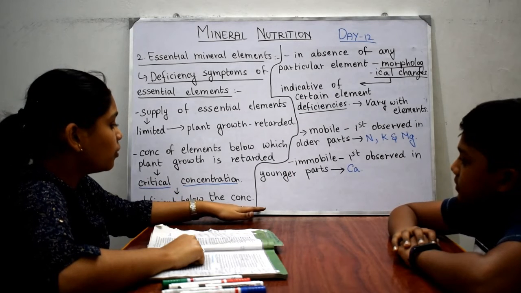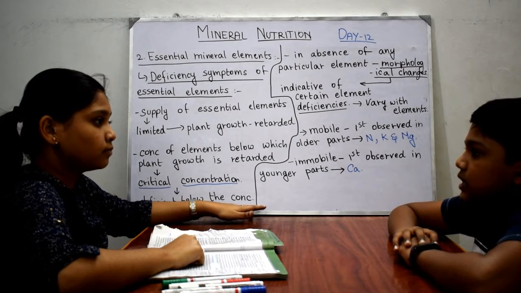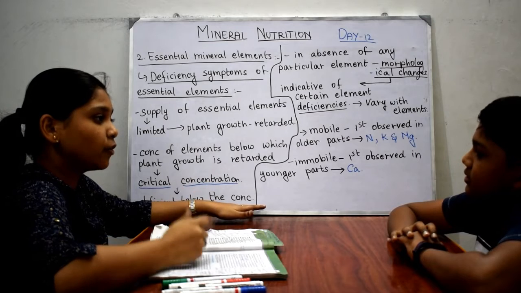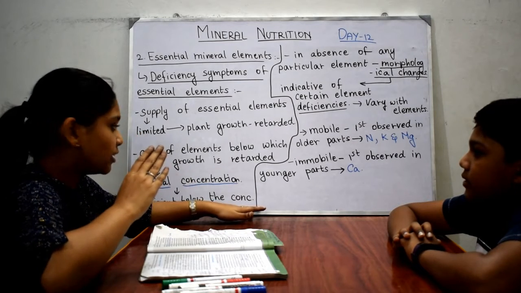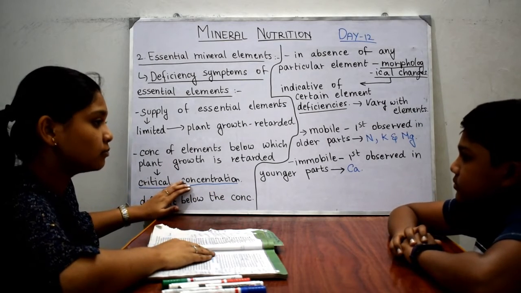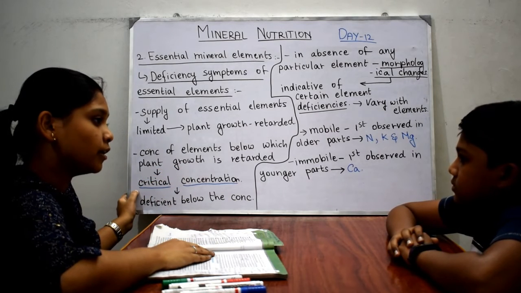Below a certain concentration the plant cannot grow well. That particular level is known as the critical concentration. If you supply any element below this concentration, the plant growth is retarded.